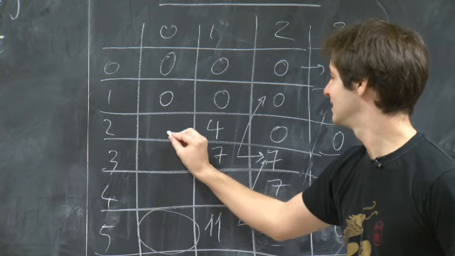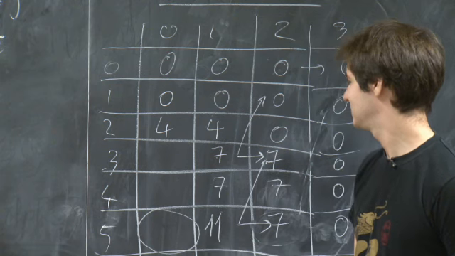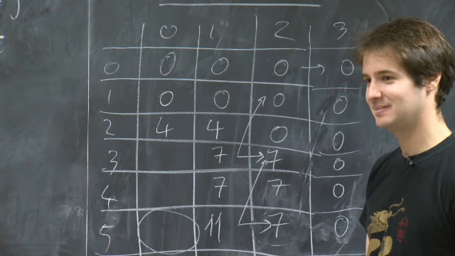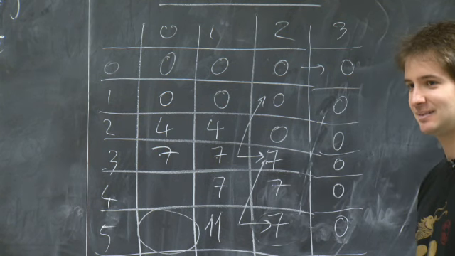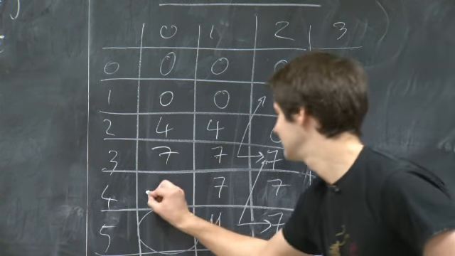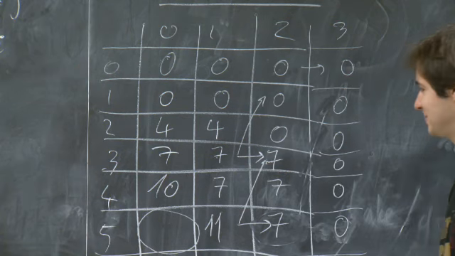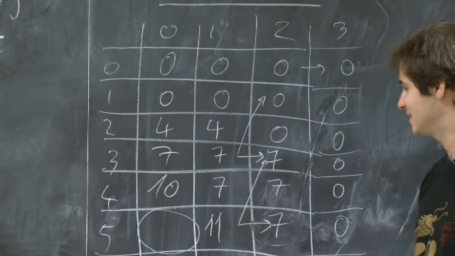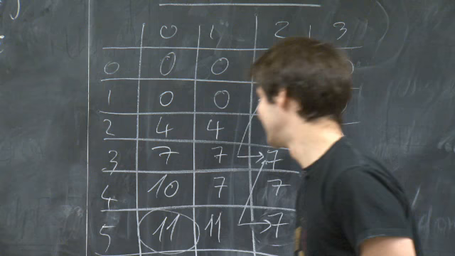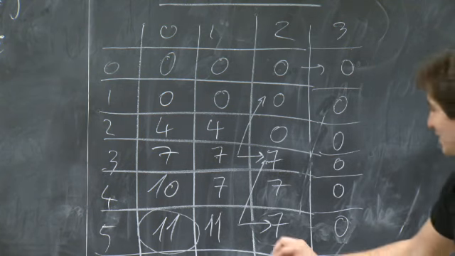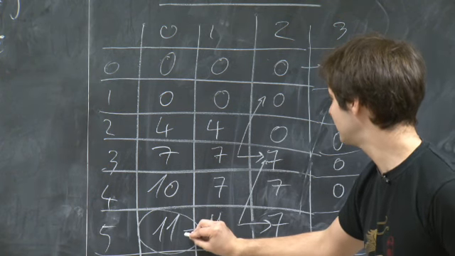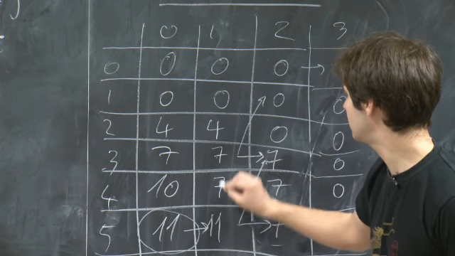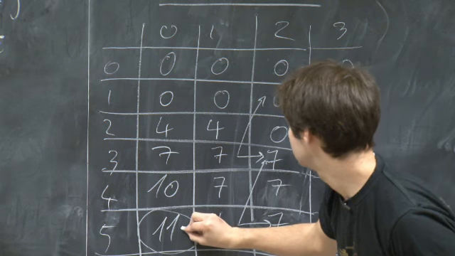Why not? 4. 4. 7. 10. Sorry for my handwriting. And it needs to be 11 because you said that'd be the answer. All right. So it's 11 because it's either this guy or 10 plus dp of 1, 1.